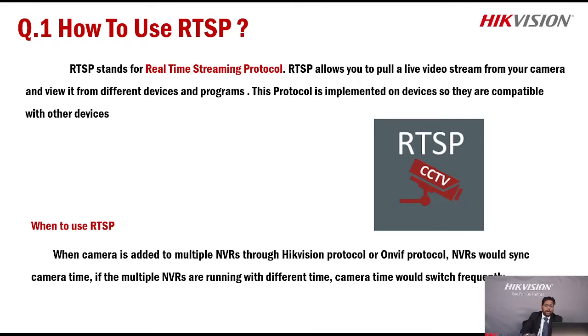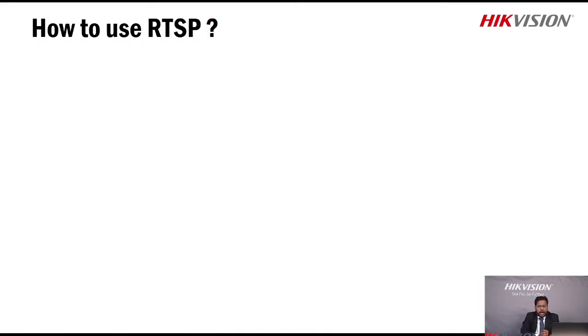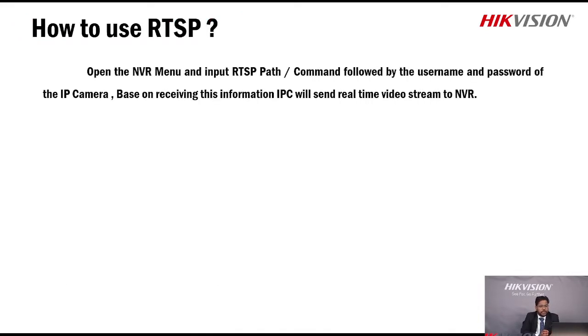As you can see, we will look at the screen: RTSP streaming, how to use it. Open the NVR menu and input the RTSP path and command, followed by the username and password of the IP camera, and based on receiving this information, the IPC will send a real-time video stream to the NVR.